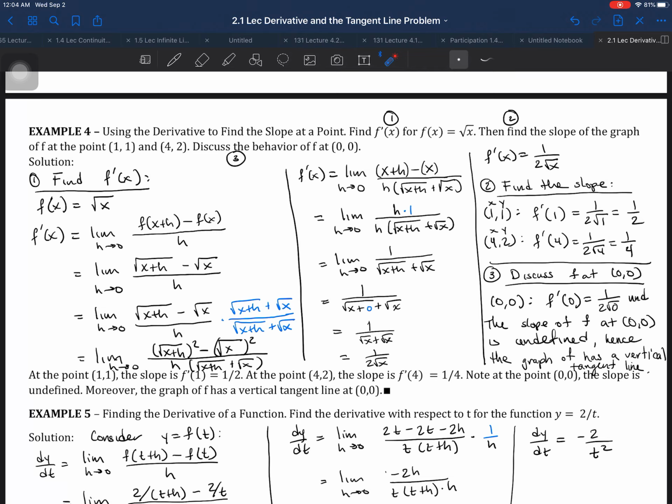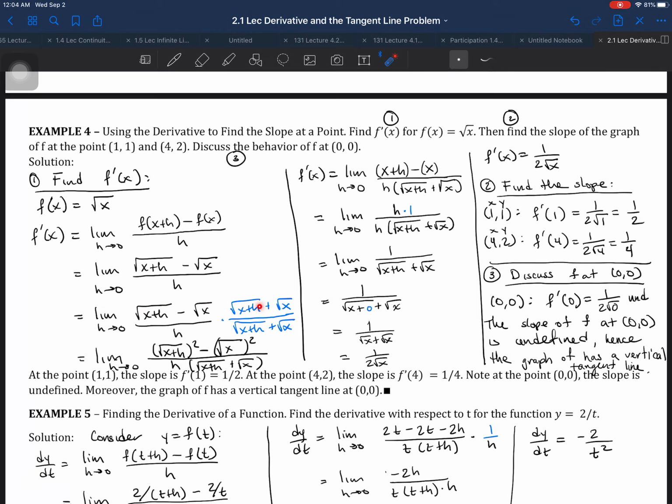So I'm going to rationalize the numerator by multiplying by its conjugate. So it'll be the square root of x plus h plus the square root of x, all over the square root of x plus h plus the square root of x.